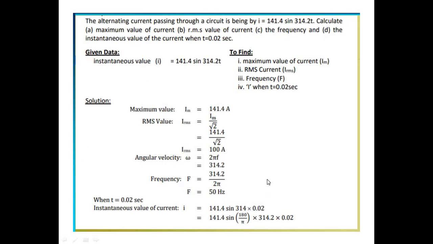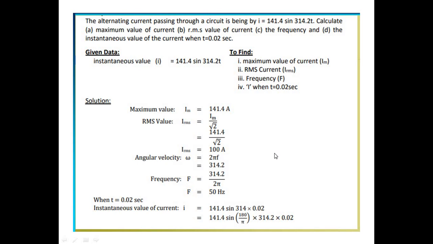Next, a simple problem. The alternating current passing through a circuit is given by I is equal to 141.4 sin 314.2 T. Calculate the maximum value of current, the RMS value of current, the frequency, and the instantaneous value of the current when T is equal to 0.02 second.